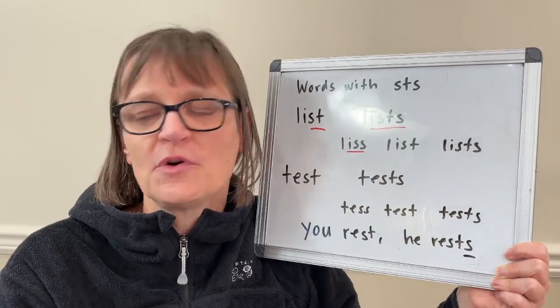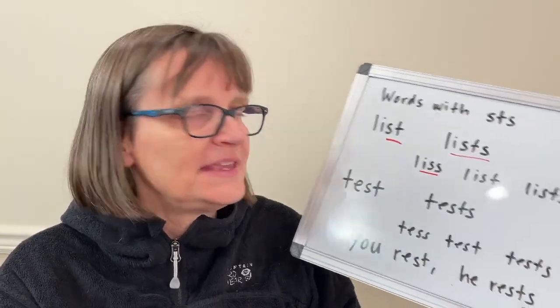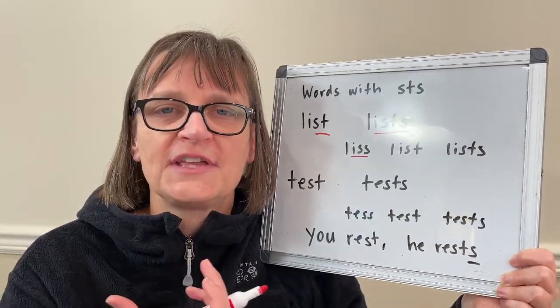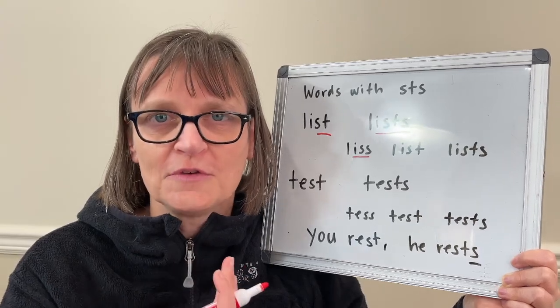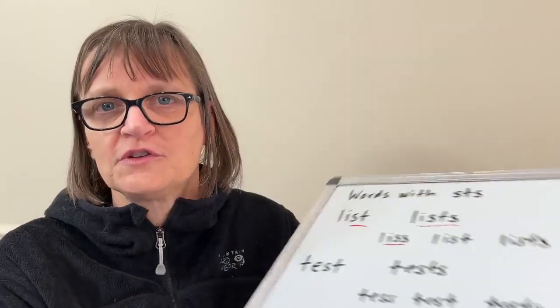Let's try a few more, and we're going to use the he, she, and it form. I'll say it and then I'll pause so that you can repeat after me. So first off, let's try he rests. It lasts.